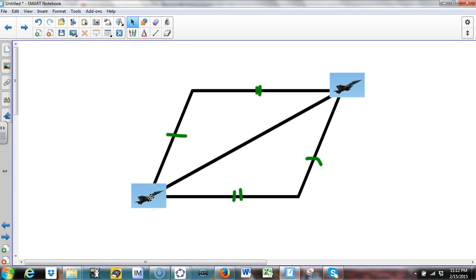What we want to prove here is that this is truly a parallelogram, that if the jet traveled this distance and then turned and went in this direction, it'd be the same as if you reverse that order, right? That's what we're going to prove here. So we're going to try to show that this is a parallelogram. And to do that, we're going to prove that we have a pair of parallel sides. And we're going to talk about how we're going to argue that, okay?